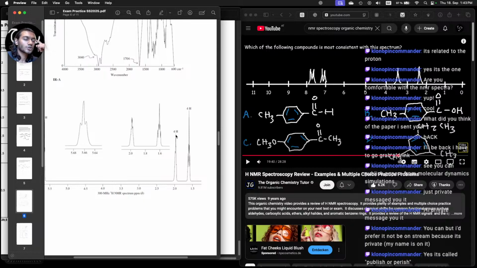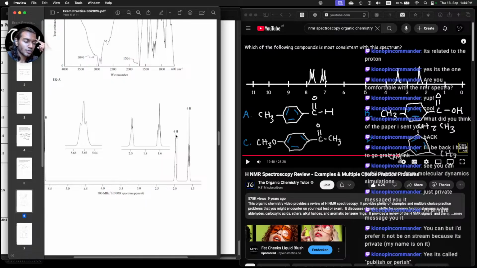It's 4 plus n plus 1, so the adjacent carbon should be having 3 hydrogens. No, it's the slid number, so it's one slid number.